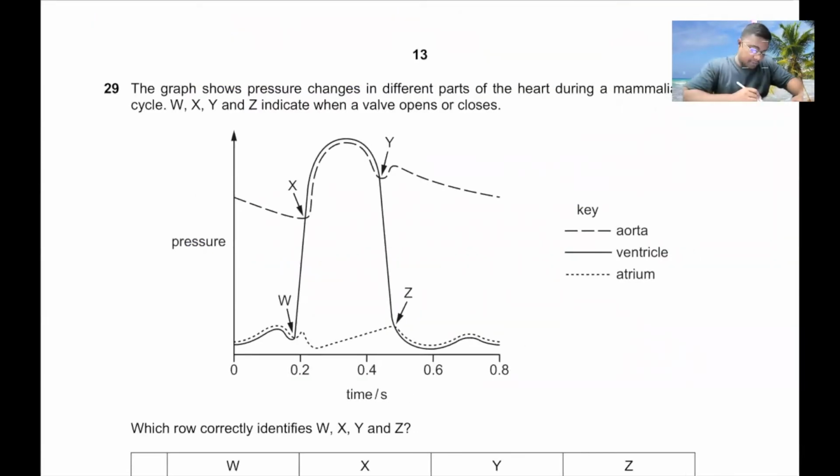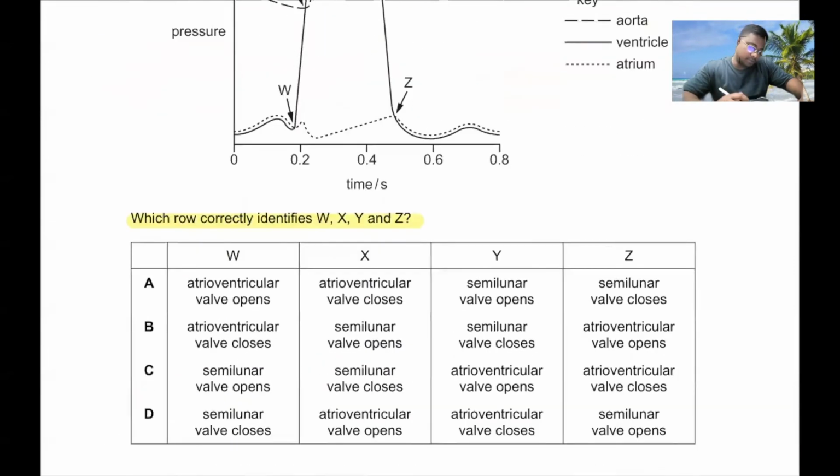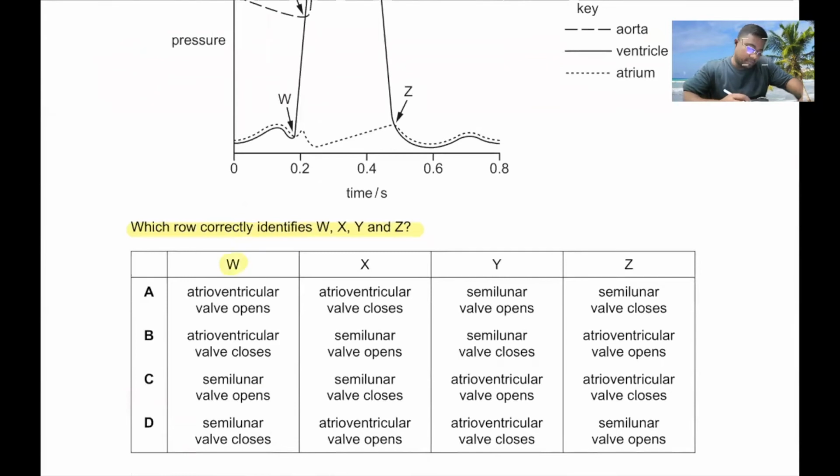Question number 29. The graph shows the pressure changes in different parts of the heart during a mammalian cardiac cycle. W, X, Y, Z indicate when a valve opens or closes. Which row correctly identifies W, X, Y, Z? At W, atrioventricular valve closes.